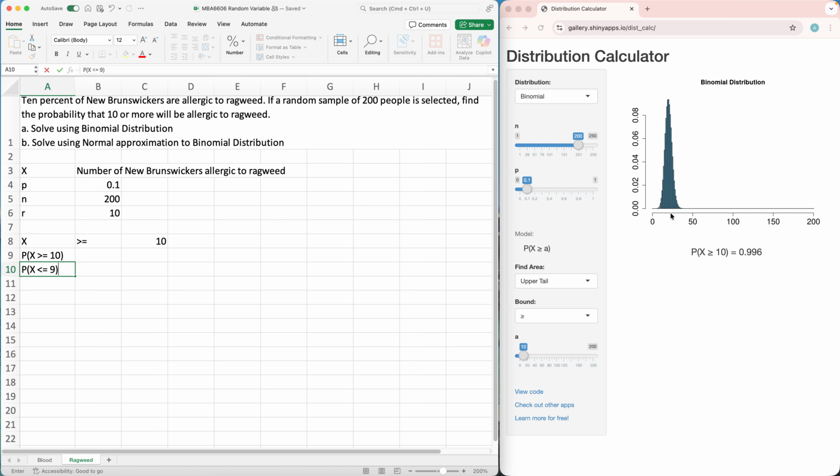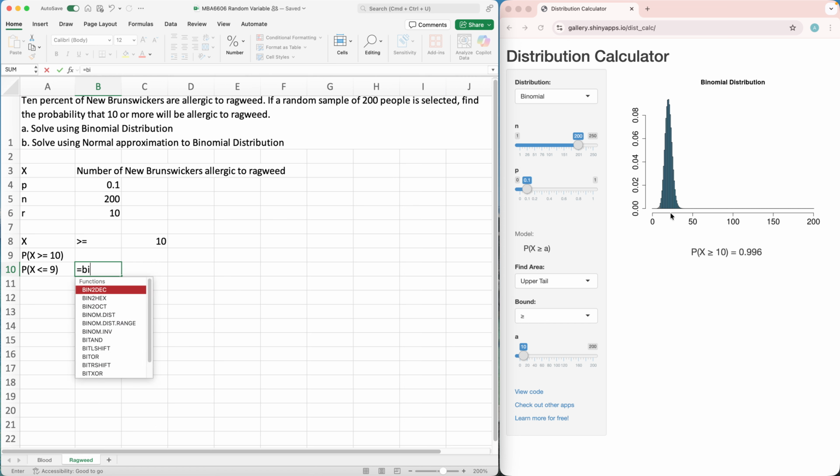So this will be 1 minus the probability of x less than or equal to 9.